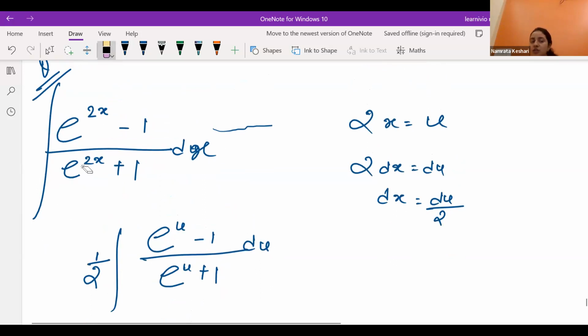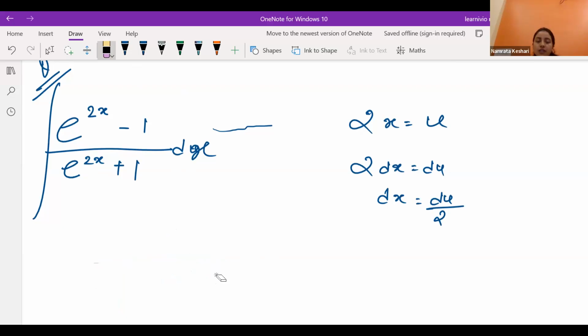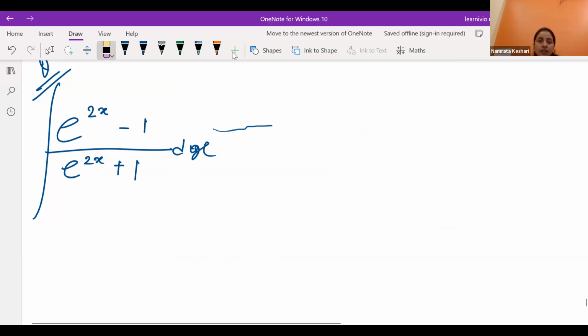Okay, this is a very special type of question where before starting to take the substitution, from here also it is possible, but let me tell you what we can do instead of this one. Whenever you will be having such a question, at first we will be dividing the numerator and the denominator with e to the power x.